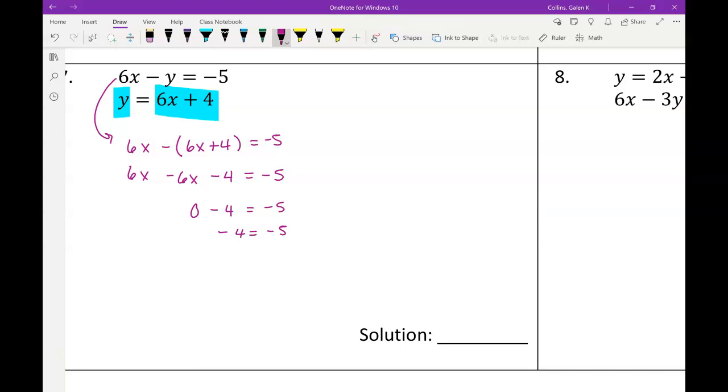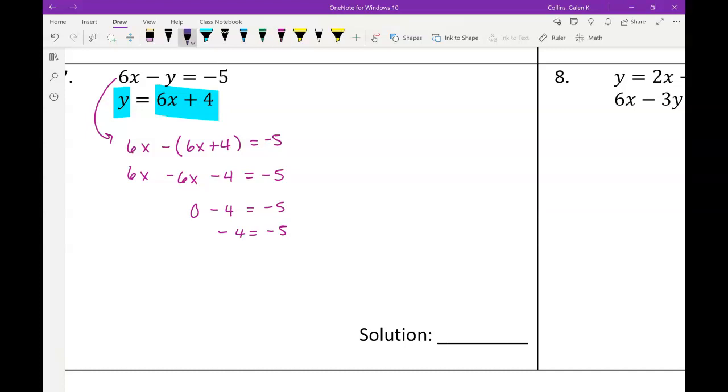And that might cause us to pause. I might start to think that I have made a mistake because I got rid of all of my variables. All of my x's went away. I got to this statement that says negative 4 equals negative 5. And that's not even true. That doesn't even make sense. But the thing is, we did not make a mistake.